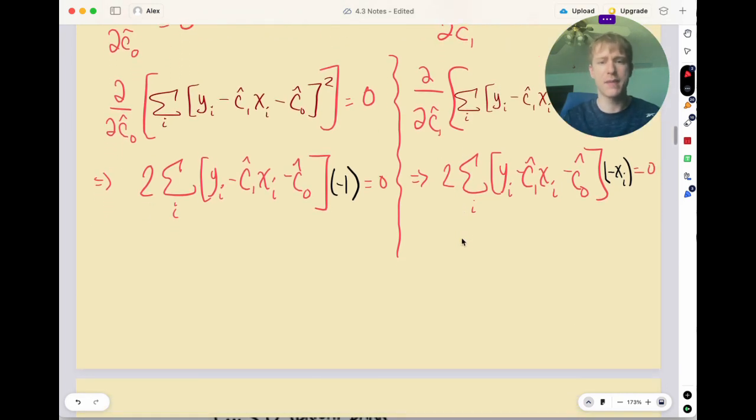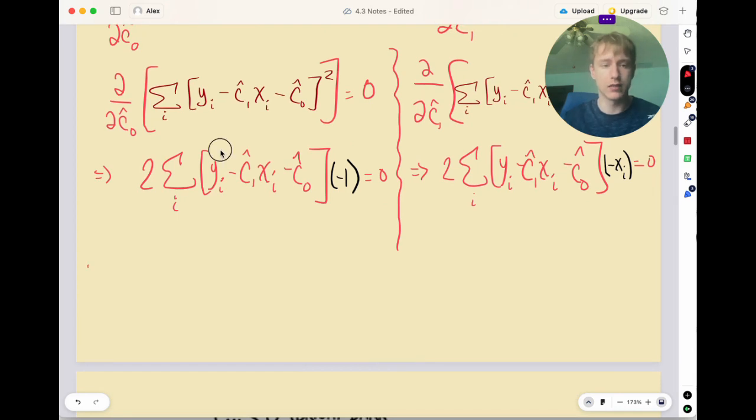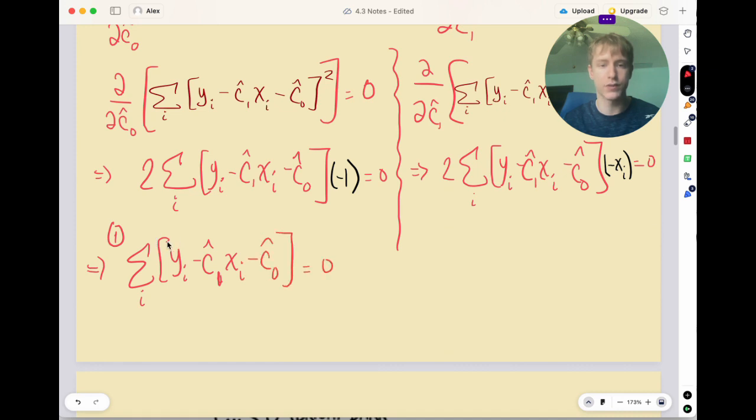And the last step that I'm going to do is ignore the 2 and the -1, right? Because we can just go ahead and divide that out. And then same thing here. So we can divide both sides of this by -2, and we get 2 conditions. So the first condition that we get is the following. The sum over all i of y sub i minus c1 hat x sub i minus c0 hat has to equal 0.